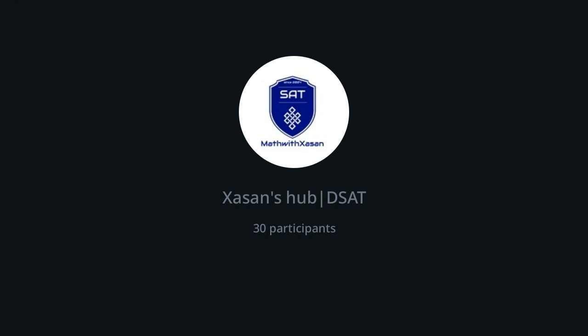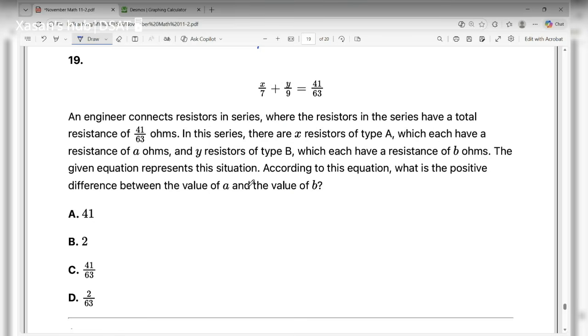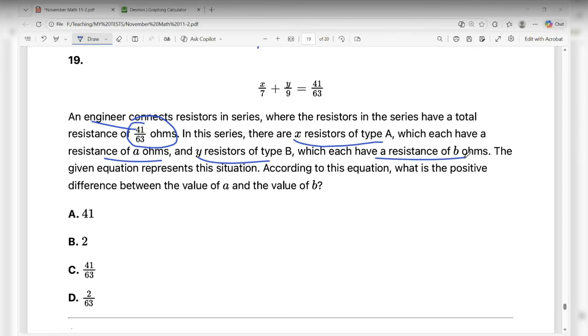And question 19. Yeah, I've explained this one. An engineer connects resistors in series where the resistors in the series have a total resistance of 41 over 63 ohms. In this series, there are x resistors of type A, which each have a resistance of a ohms, y resistors of type B, each have a resistance of b ohms. Guys, understand what is going on here.